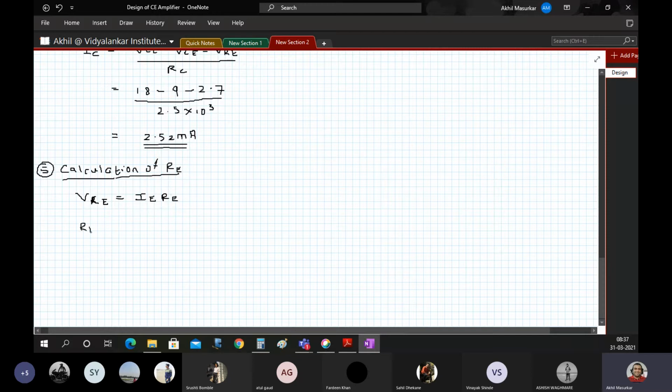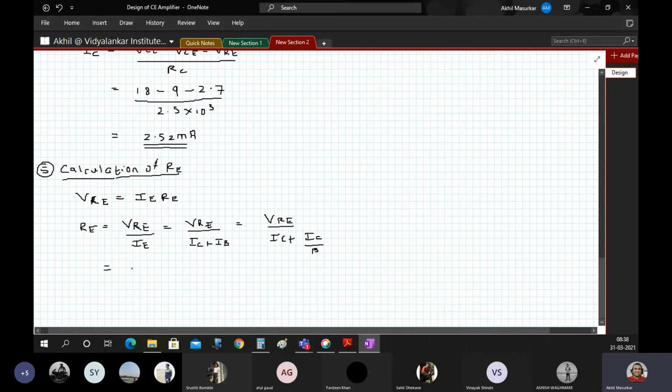So RE is equal to VRE upon IE. So this is going to be VRE upon, here we can write IC plus IB, and this same thing is equal to VRE upon IC plus IC upon beta, and the same thing we can write in terms of a formula.